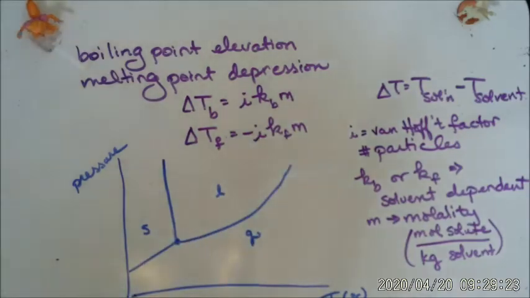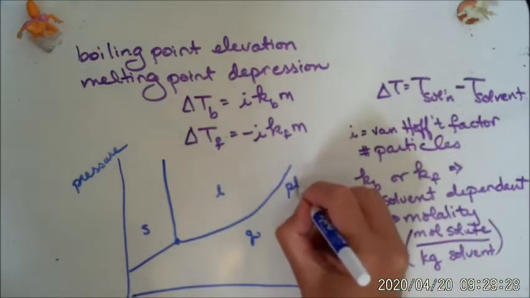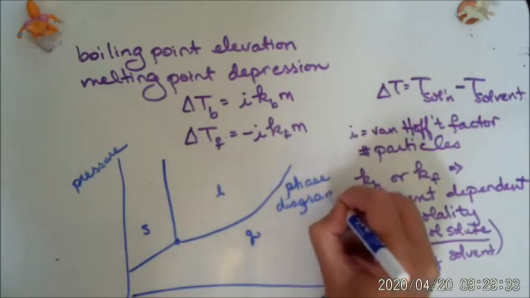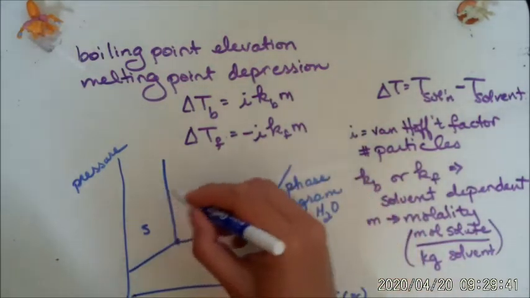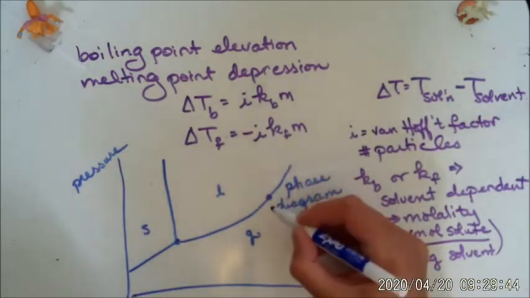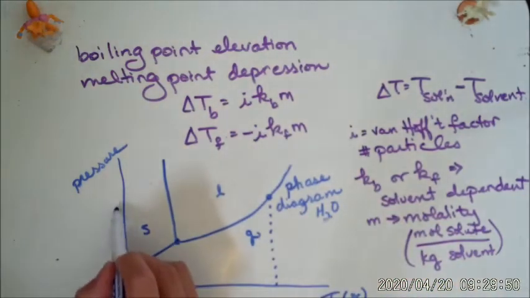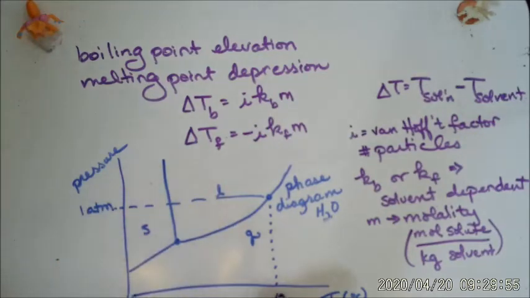This is liquid. Suppose the blue is the phase diagram for water. Let's say this is at 1 atmosphere. This is 100 degrees Celsius, and this is 0 degrees Celsius.